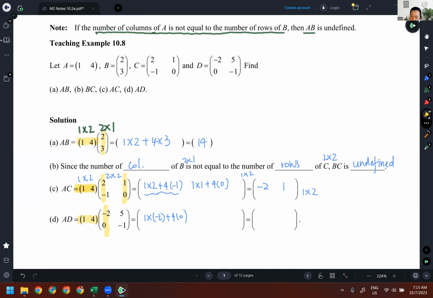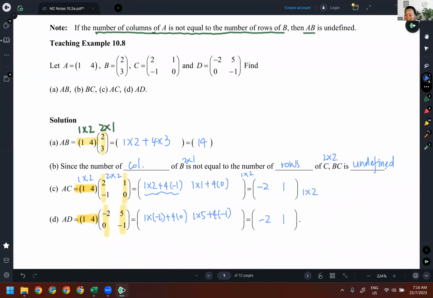Second value, 1, 4, 5, -1. In this case, 1 times 5 plus 4 times -1. In this case, I get -2, 1. Another matrix.